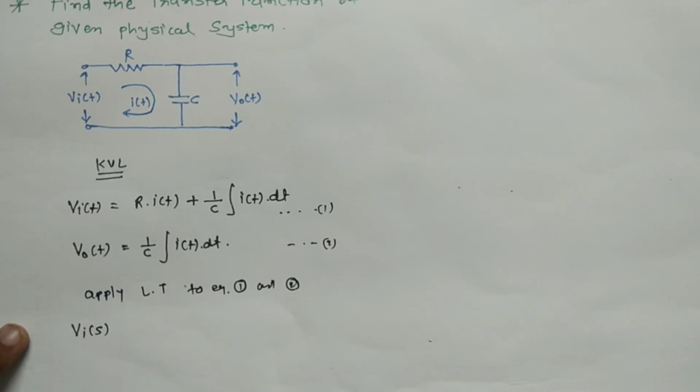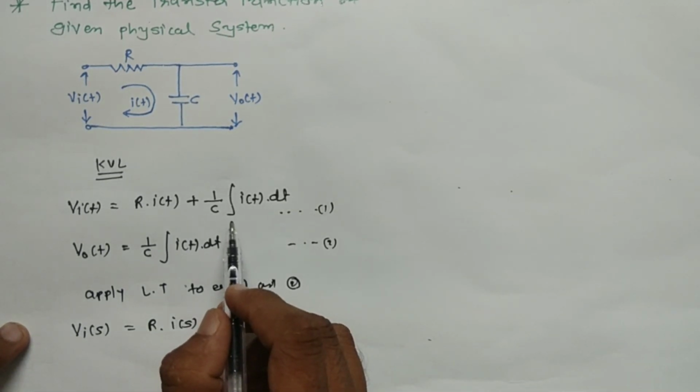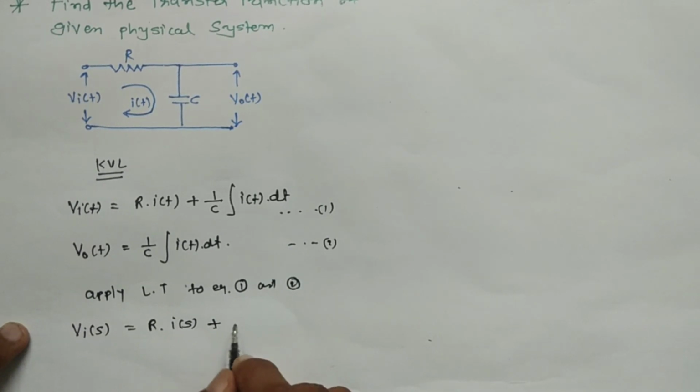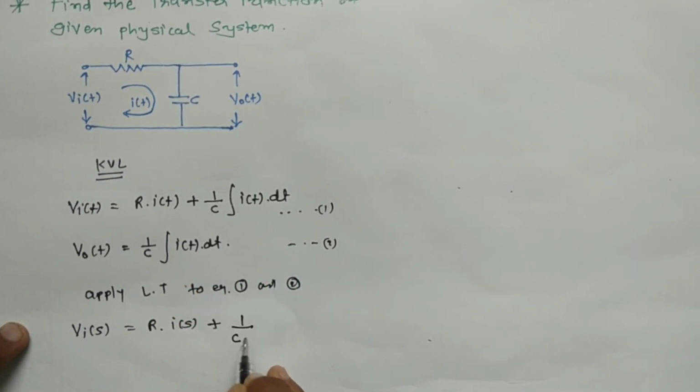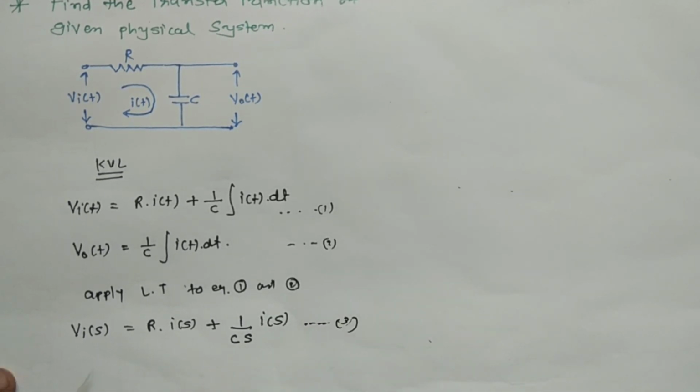T is converted to s, and here R into I of s plus, as integration is given, the Laplace of this term is 1 upon Cs I of s. That is our equation number 3.